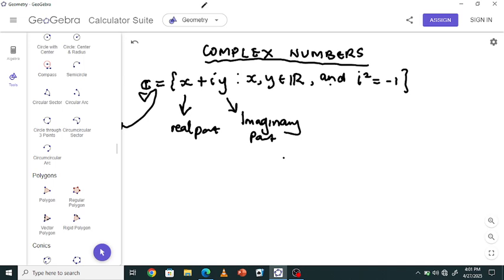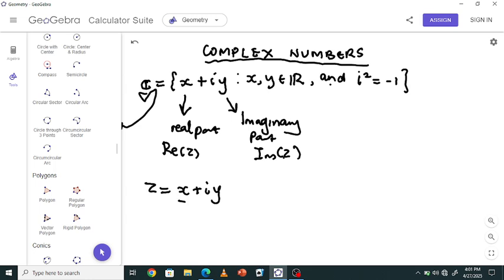The real part is also written as Re of z. The imaginary part is written sometimes as Im of z. And we define a complex number as z is equal to x plus iy.